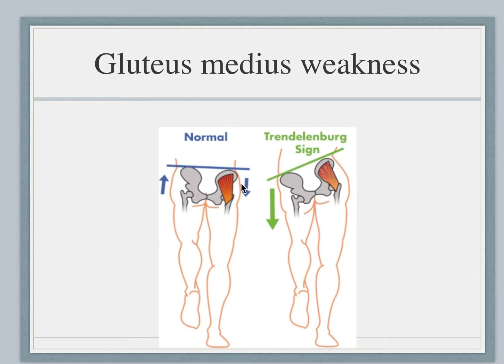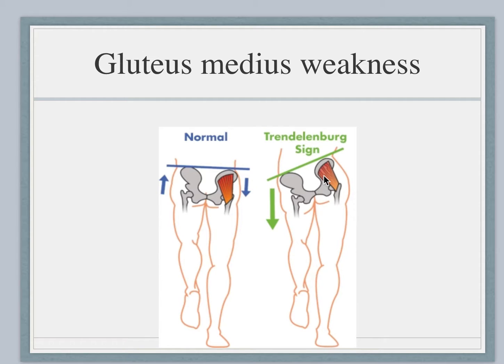Here it attaches to the iliac crest, and it also inserts onto the femur. So when it contracts, if you're standing on the opposite leg, you can abduct the leg. But also, it helps in normal walking to prevent the tilt of the pelvis.